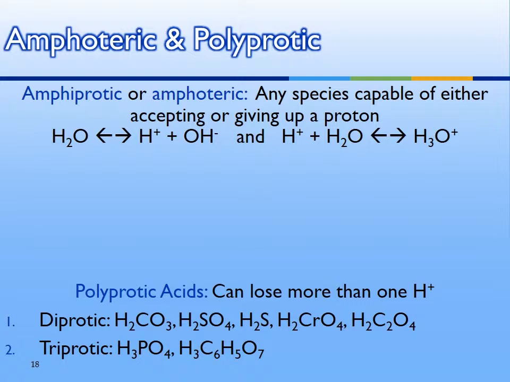Polyprotic acids, on the other hand, are species that can lose more than one hydrogen ion. So anything that is diprotic means that there are 2 hydrogen ions in the structure. Triprotic, 3 hydrogen ions, as you can see from these structures.